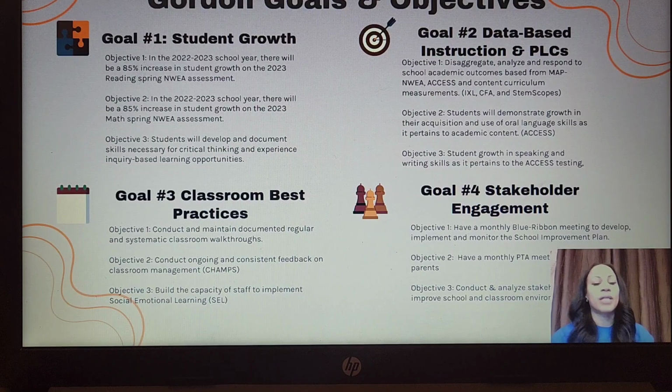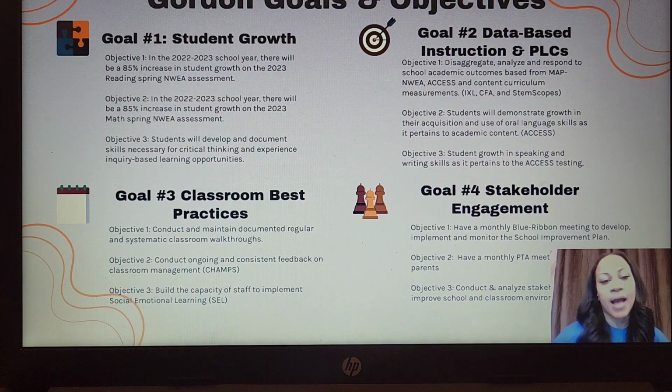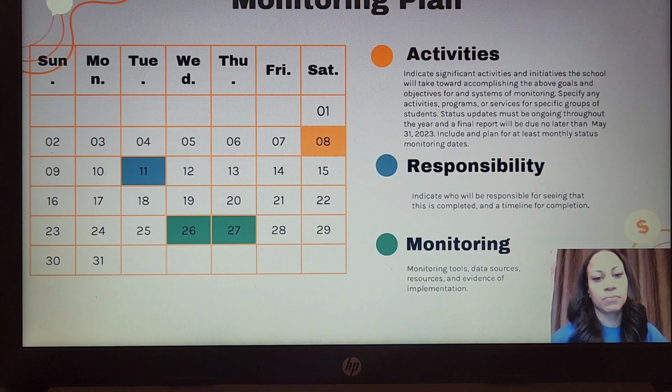And then, of course, with classroom best practices, as we mentioned, CHAMPS is a district-wide initiative which is reflected in all of our buildings, and so that is a common objective across the schools. And reflected in all of our schools is our district-wide system for monitoring, which is to identify the activities and initiatives, who's responsible, and a system for monitoring.